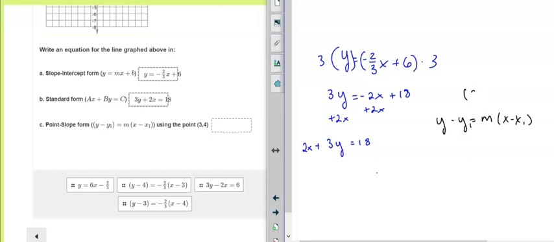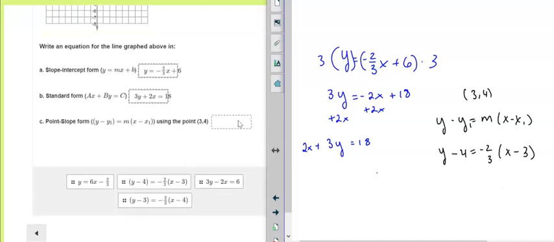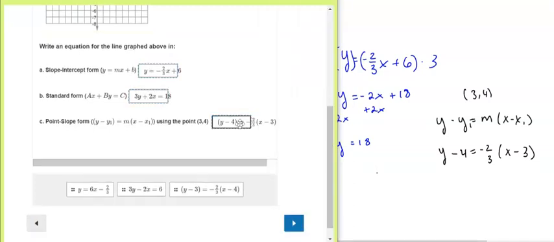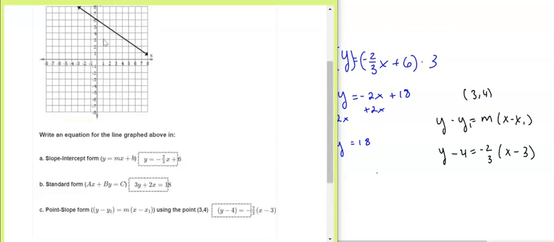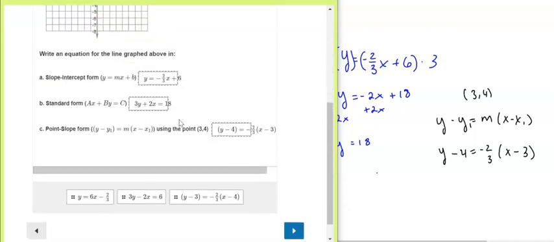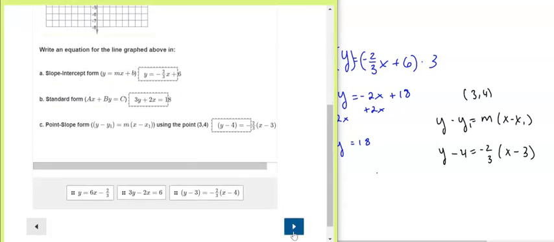It wants you to go through the point 3, 4. So I'm going to leave this y alone and put in the y coordinate, which is 4. And I know the slope here was -2 over 3. And then x minus the x coordinate, which is 3. And that's that. It's this one. I could also graph all of them and match the graph, but I don't think I'll do all that for this problem, but you can do that.